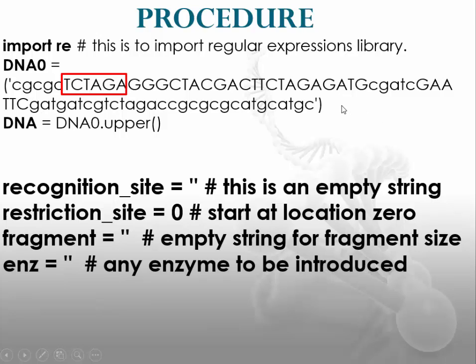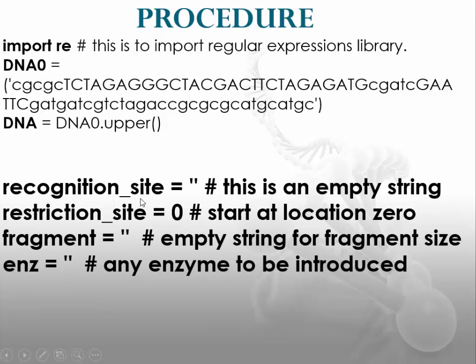Similarly, I have another one here, TCTAGA, which is another restriction recognition site, and the enzyme should cut here when the function works. I also put another recognition site somewhere else for another enzyme so that I can see if it works fine.